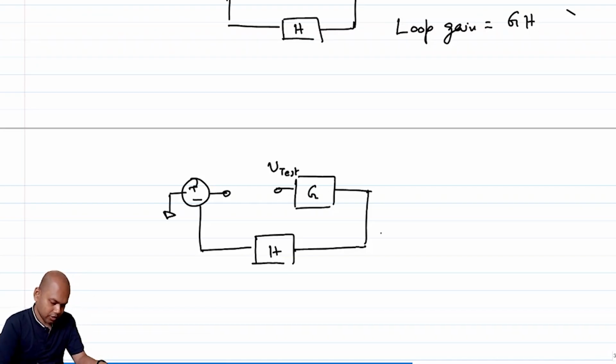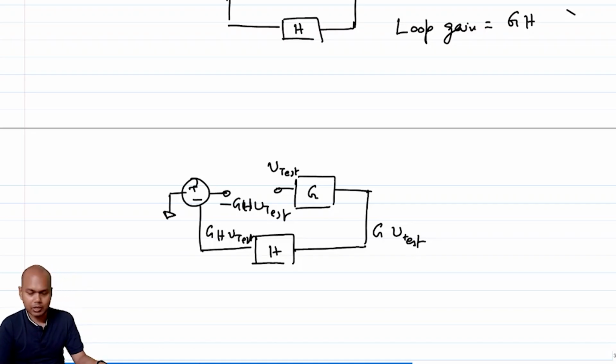So this is G times V test. This is GH times V test. So this is minus GH times V test. So the fact that this is minus is basically telling us I have negative feedback, and whatever comes back, mod of that is the loop gain, right? So loop gain is essentially, or rather, negative of that is the loop gain.